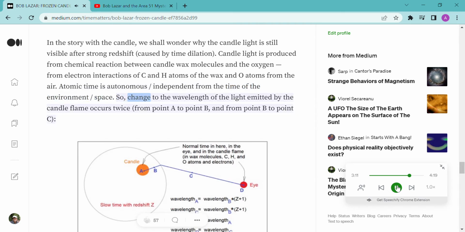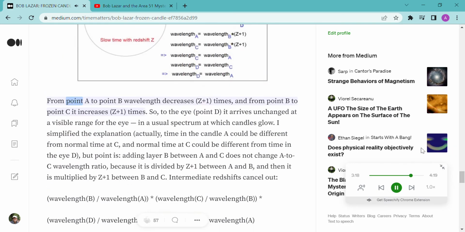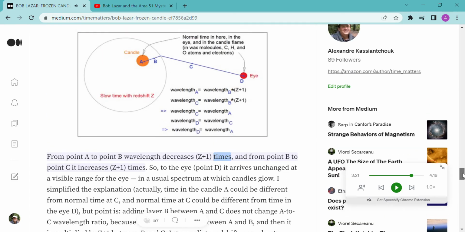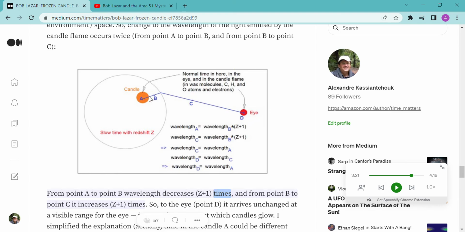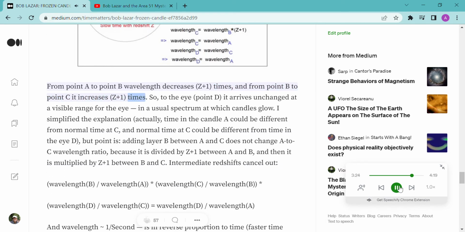So, the change to the wavelength of the light emitted by the candle flame occurs twice, from point A to point B, and from point B to point C. From point A to point B the wavelength decreases Z plus 1 times, and from point B to point C it increases Z plus 1 times.